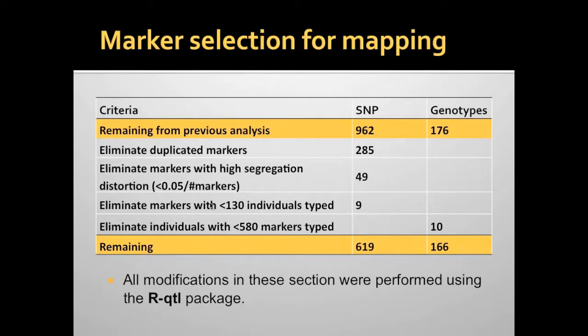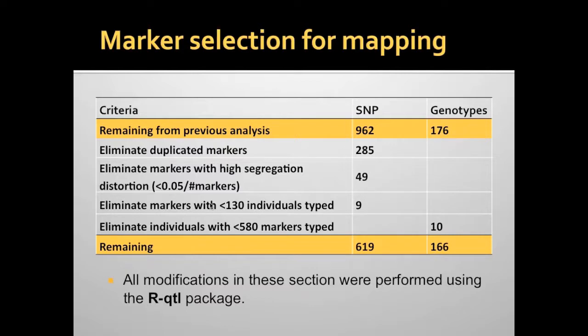So with the 962 SNPs and 176 genotypes, I put that data set into R/QTL. This R/QTL is a very useful software. It's developed for diploid populations, but it has very useful tools to clean up our data sets.